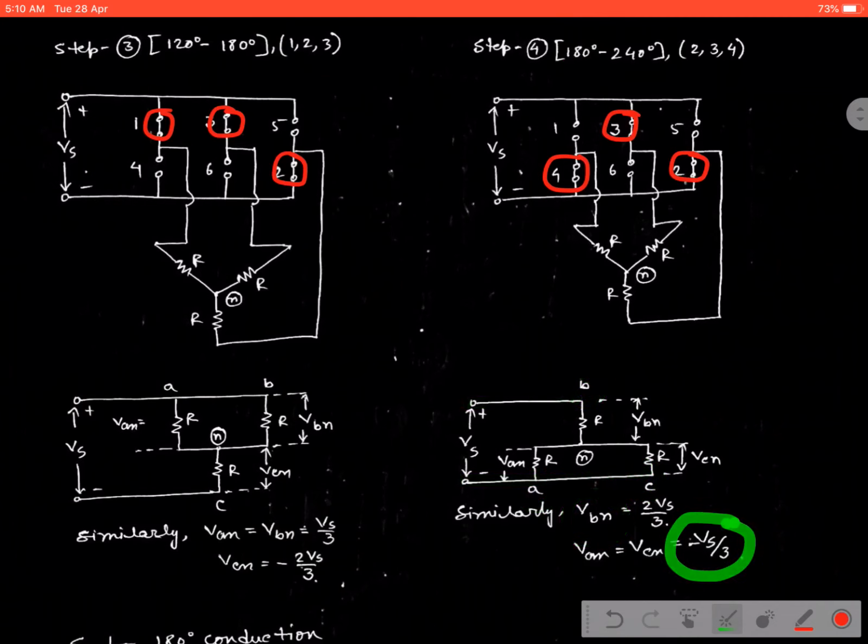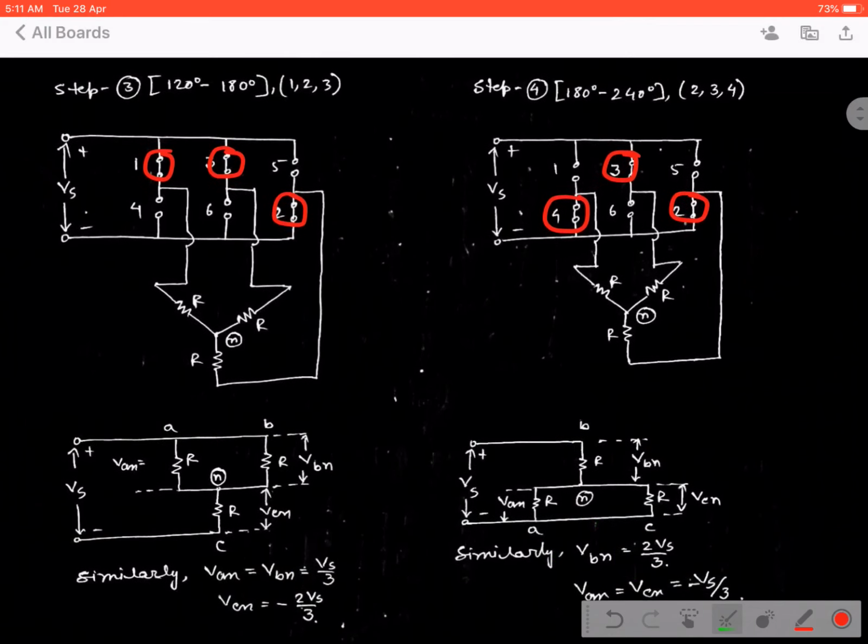So we can say the voltage appearing across ABC with respect to N, or the phase voltage, VAN equal to minus Vs by 3, VCN equal to minus Vs by 3, and VBN equal to 2Vs by 3.